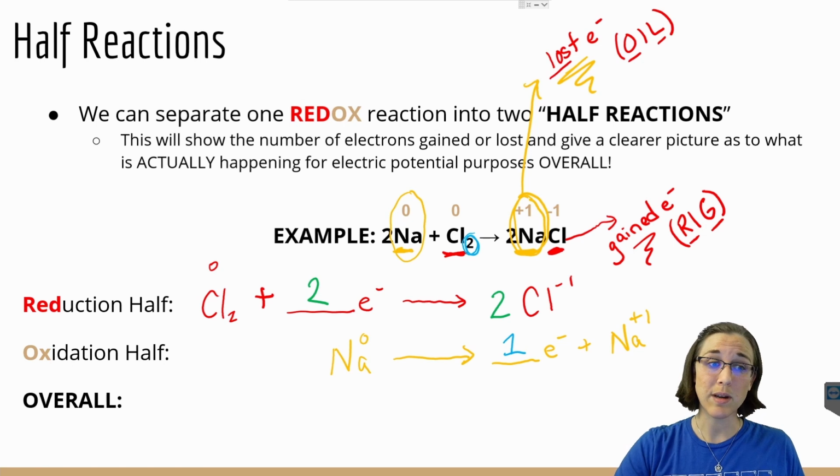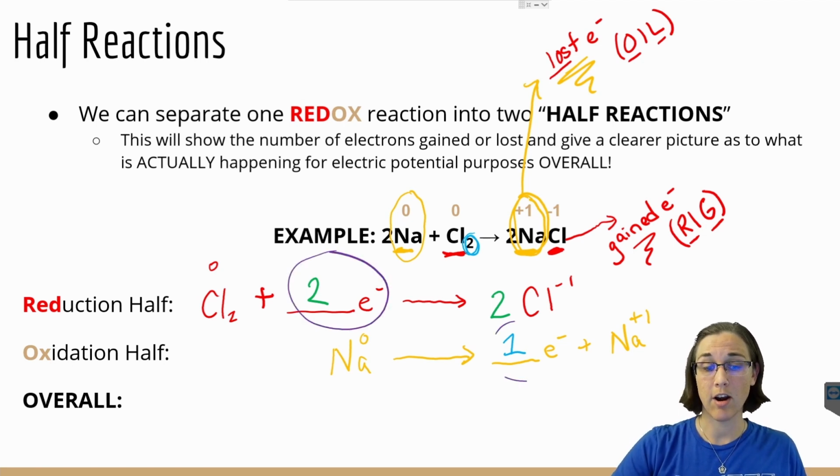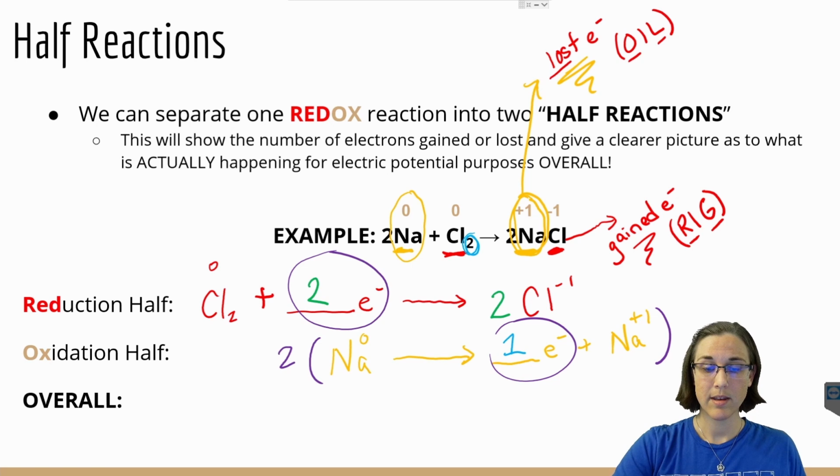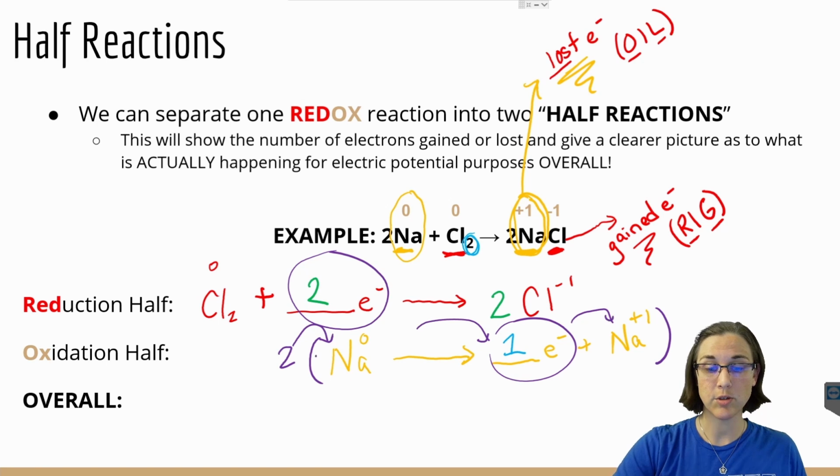Since there's 2 electrons in the reduction half, and there's only 1 electron in our oxidation half, if we multiply the entire equation by 2, that should fix our problem. Now the 2 will multiply into all of the other things present as well. So we'll end up with 2 sodiums, 2 electrons, and 2 sodium +1s.